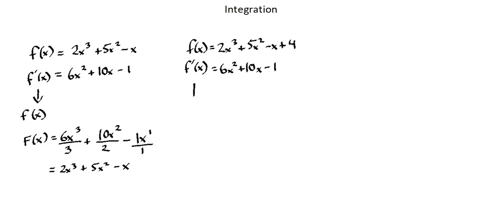So now, when I consider my derivative to be my main function, and I take the antiderivative of that function, I'm going to end up going through the exact same process. In the end, 2x to the power of 3 plus 5x to the power of 2 minus x. And now when I compare to the original function, I don't have the same function. I'm missing the constant positive 4.